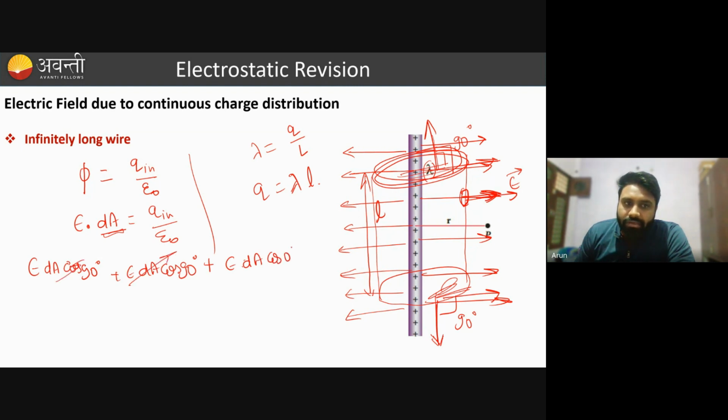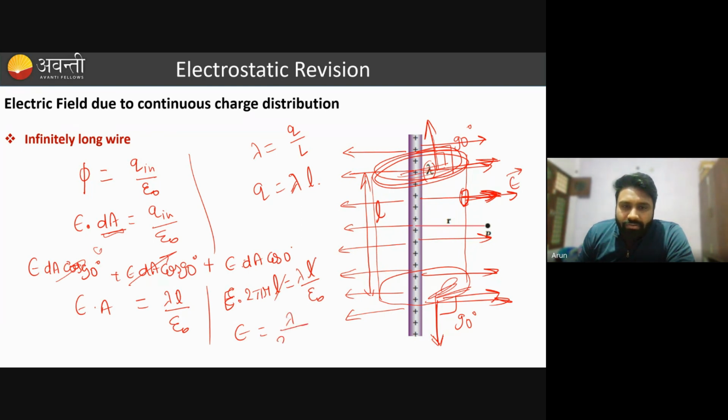The first terms become 0. E dA cos 0 becomes E into A, and this equals lambda l divided by epsilon naught. For the area, you take the curved area only, so E into 2 pi r l equals lambda l divided by epsilon naught. Lambda l cancels out, so E is lambda upon 2 pi r epsilon naught.